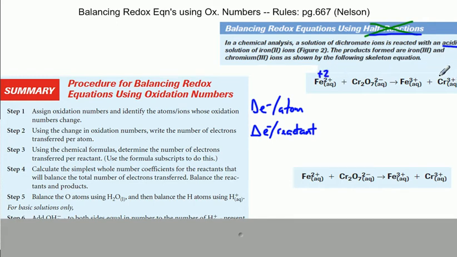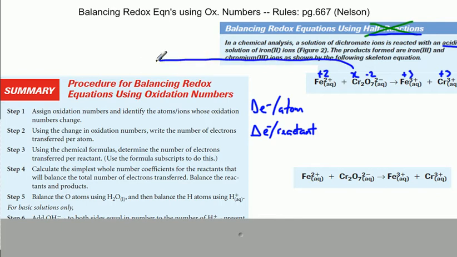With chromium, it's going to be +3 because the ion is 3+. Iron here is pretty obvious. And this is the only one where we have to do a little bit of algebra. The oxygen is going to be -2, and so we need to solve for the chromium.